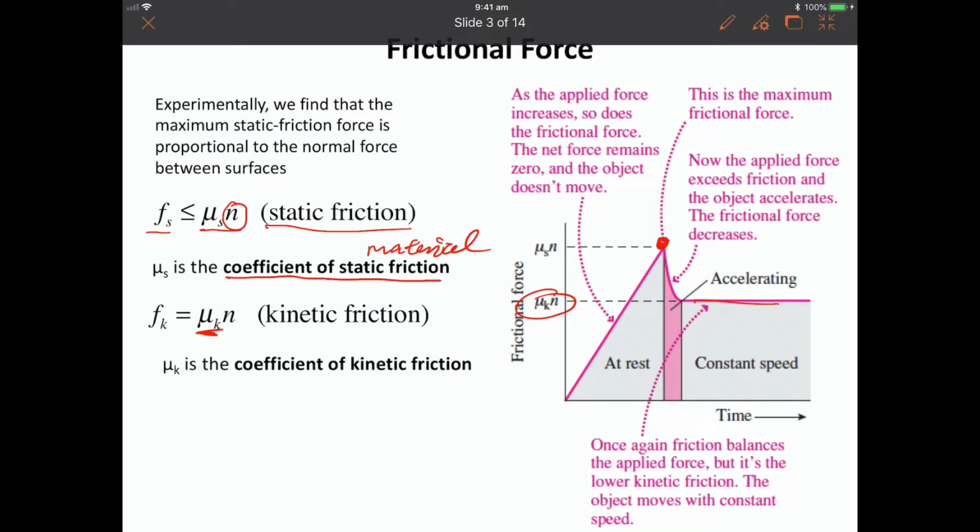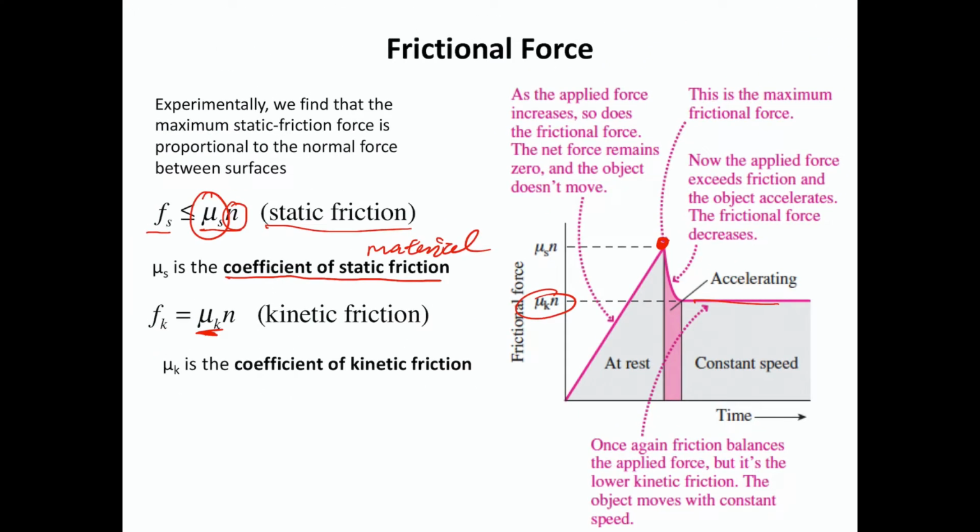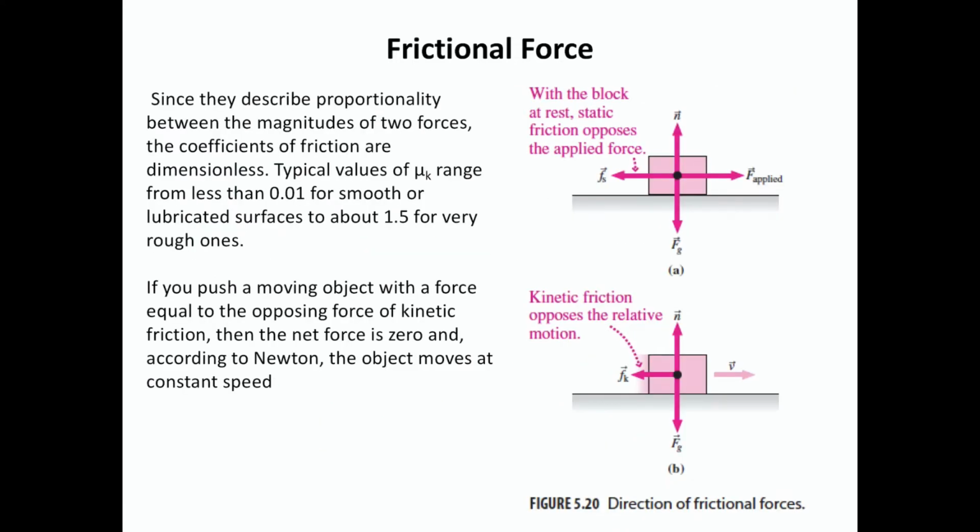Now, there's one important thing about these two numbers. Remember again, the static coefficient is always bigger than this one. So mu s is always bigger than mu k for the same two surfaces. Friction force, or friction, yes. If you apply the force here, it depends on this one.